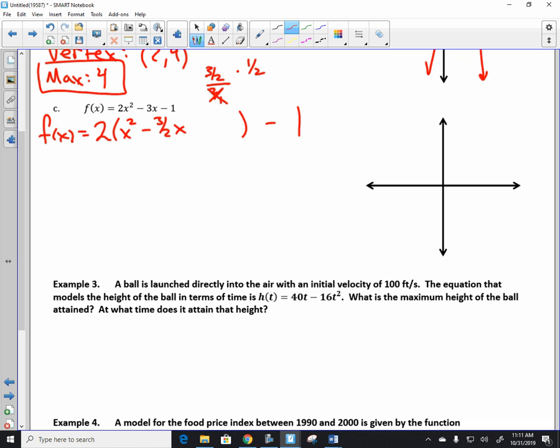So we add 9/16. Instead of dividing by 2, we multiply by 1/2 and we get 3/4. Then we square that and we get 9/16.